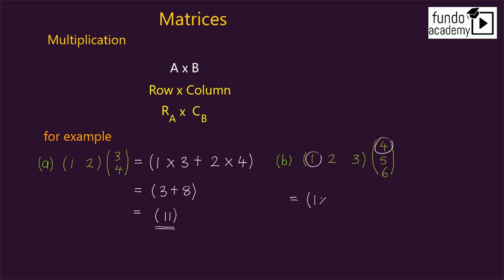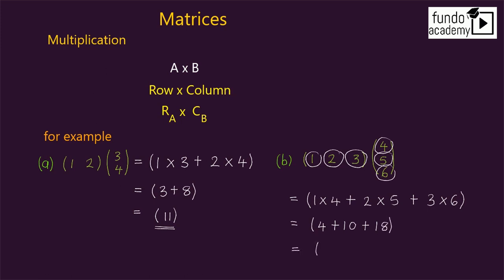So it's 1 times 4, and the second element, that's 2 times 5. So it's plus 2 times 5. And we also add that to the product of the third element on the row and the column. So that's plus 3 times 6. Okay, and we can now just simplify this so that we can get 4 plus 10 plus 18. That's 3 times 6. And 4 plus 10 plus 18, the solution will come out as 32.